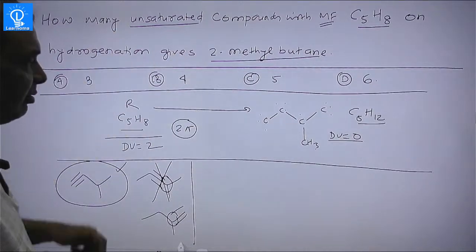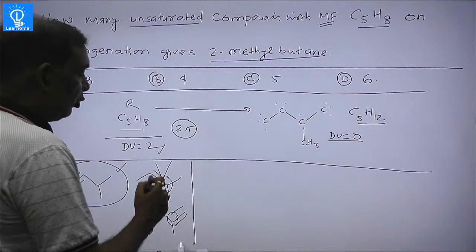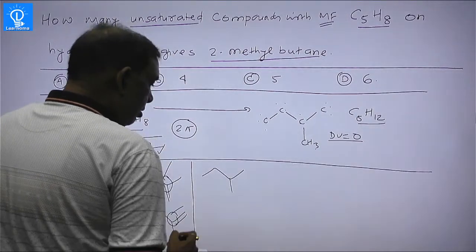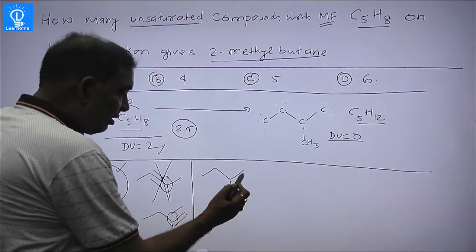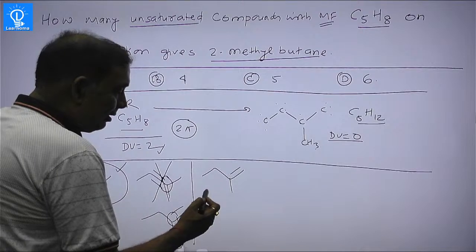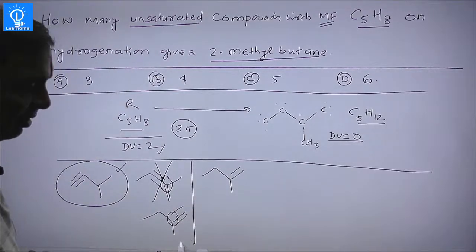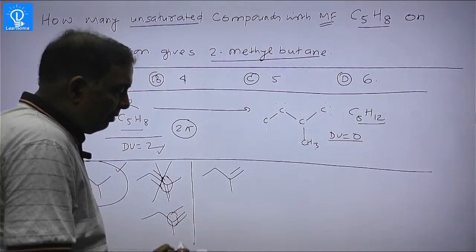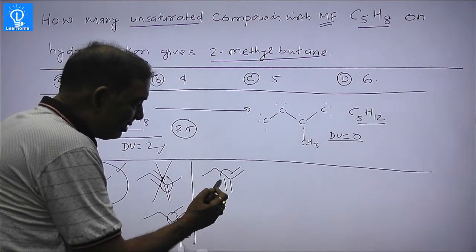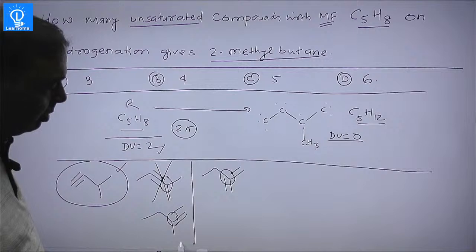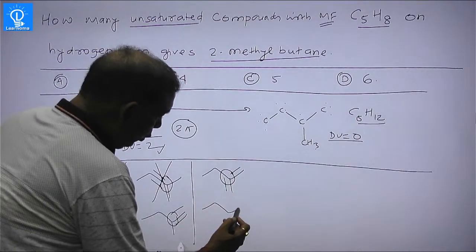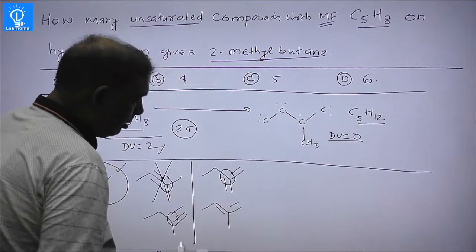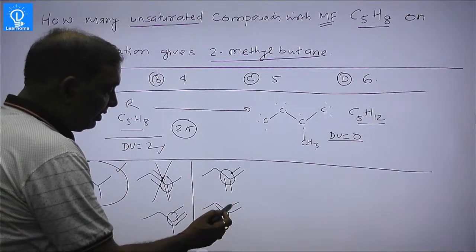Let us see other compounds. 2 DU, 2 pi bonds. It can't be here. If you write here, the valency exceeds. 1 pi bond, you can't write here. Valency exceeds.